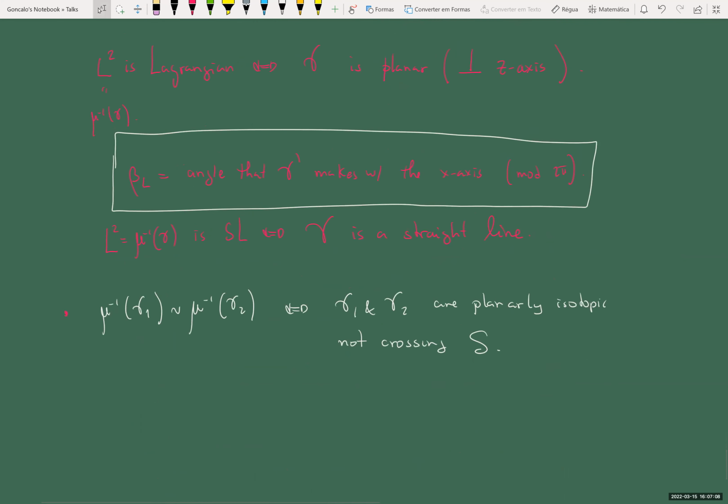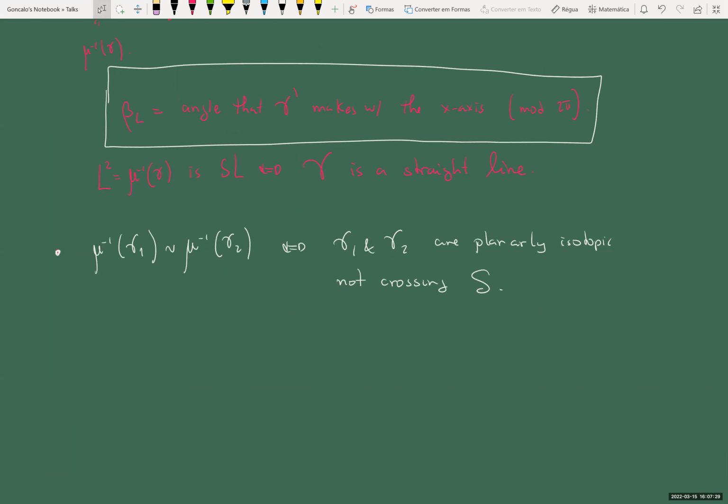By the way, the number of points and their position, you can pick as you wish, and that will give you different examples of Calabi-Yau manifolds in this case.